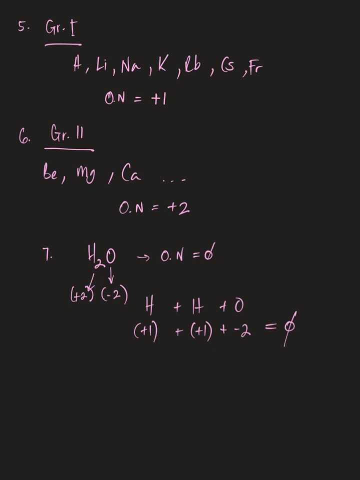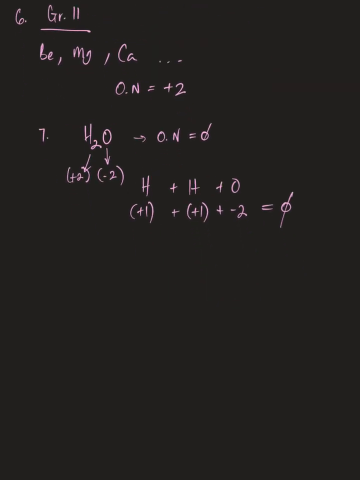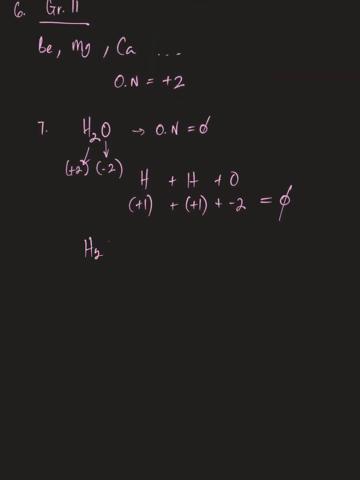So if I think of peroxide, if I have H2O2, here in H2 I've got an H plus an H, and in O2 I've got an O plus an O. Now the rule says that all oxygens have to be -2.